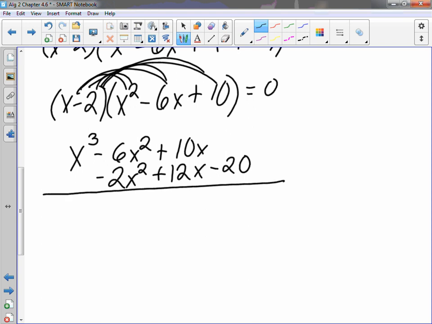Now, I write it this way just because I line everything up so it's easier to work with. So x cubed comes down because there's no common factors with it.